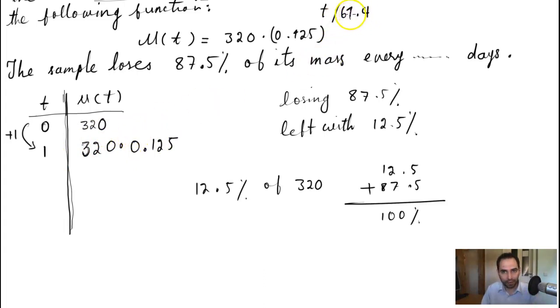It can happen if this fraction becomes 1, and this fraction can only become 1 when t is equal to 61.4. So the sample loses 87.5% of its mass, or is left with 12.5% of its mass, every 61.4 days. That's how you solve this kind of problem.